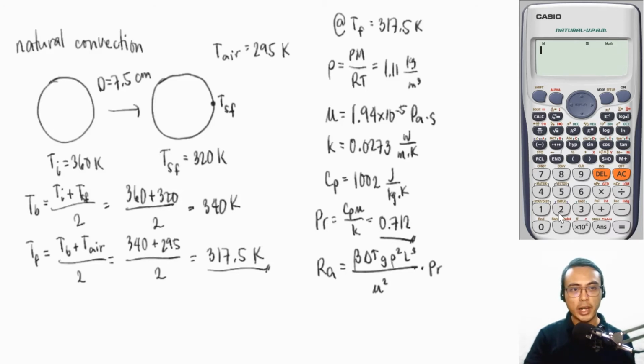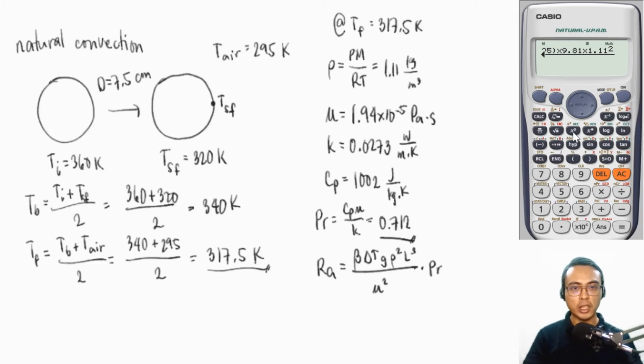Let's solve for the Rayleigh number. First, beta, or the thermal expansion coefficient, is simply the reciprocal of the film temperature. That would be 1 over 317.5 times delta T. Our delta T in this case is the bulk temperature minus the air temperature, that is 340 minus 295 Kelvin, multiplied by g, 9.81 meters per second squared, times density squared, 1.11 squared. You have to remember that the physical properties in the Rayleigh number all pertain to the fluid, not to the solid.